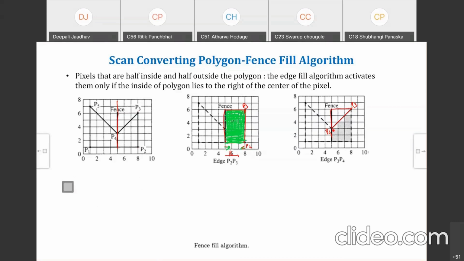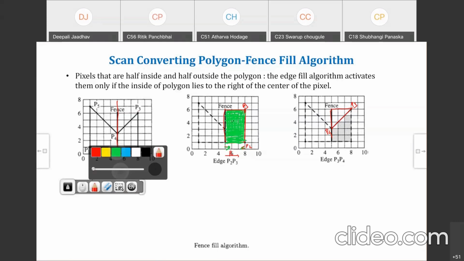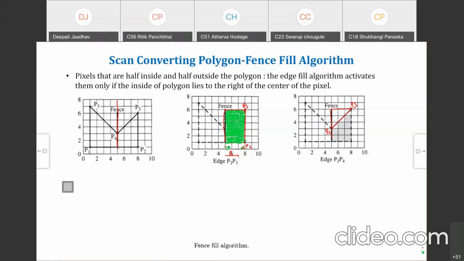Complement all these pixels which are right of the fence and left of the line P3 P4. Complement means if it is background color, make it polygon color. If it is polygon color, make it background color.